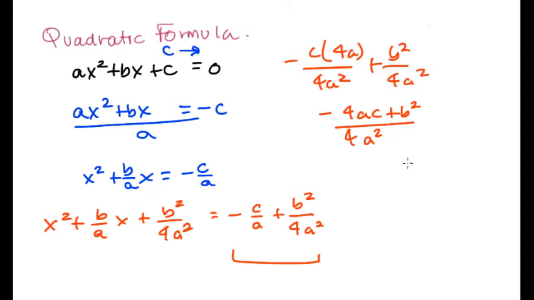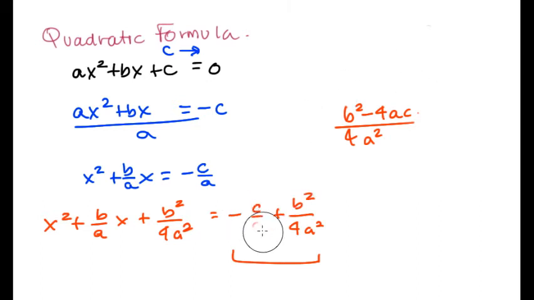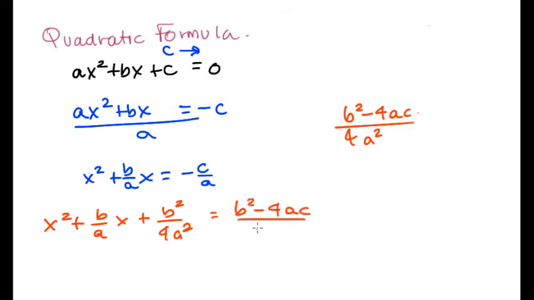Or we can just rearrange this as b squared minus 4ac, because that looks a bit more clean. So this b squared minus 4ac is going to be this stuff right here. So actually, let me replace that. So b squared minus 4ac over 4a squared, and notice that whatever I just did right then was just adding rational expressions. We've done that already.